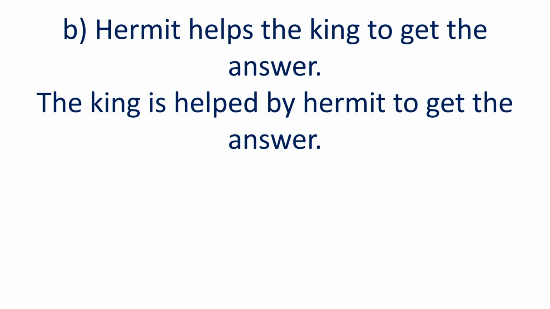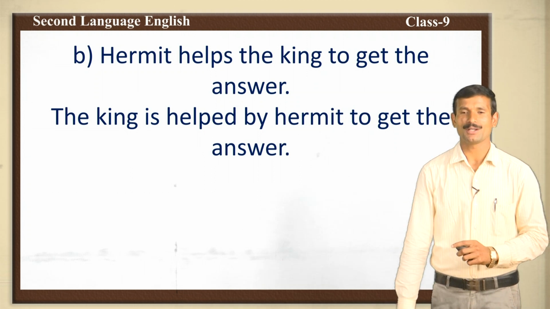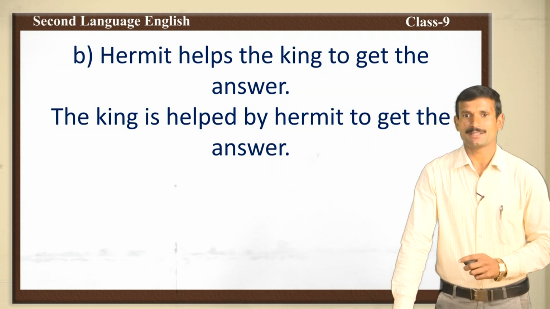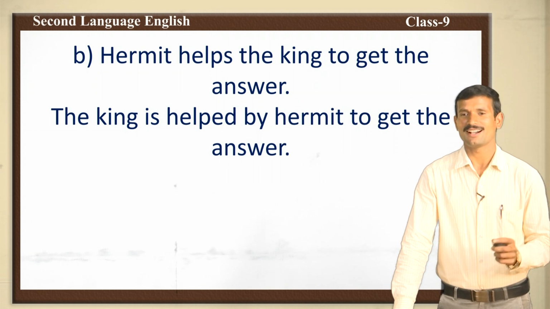The king is a singular noun, so we should use is only. Next, helps, verb 1, changes into the verb 3 form: help, helped, helped. The king is helped by hermit to get the answers.